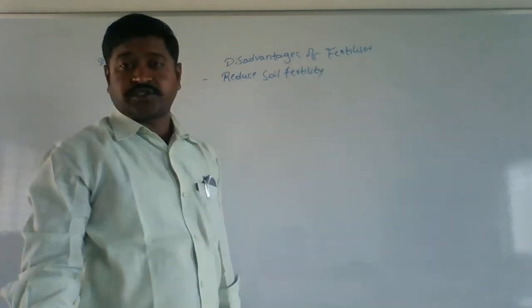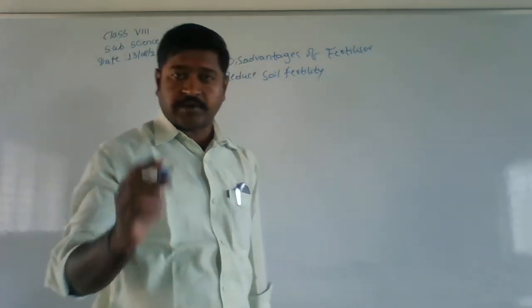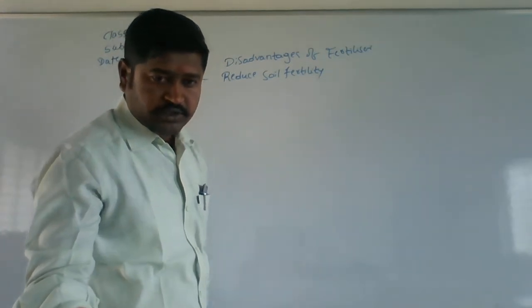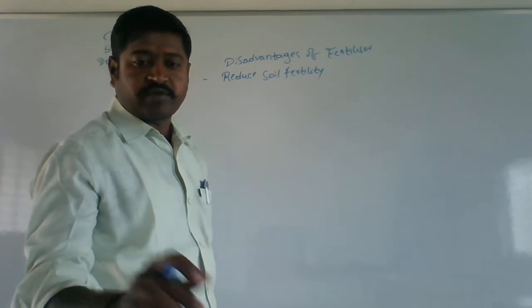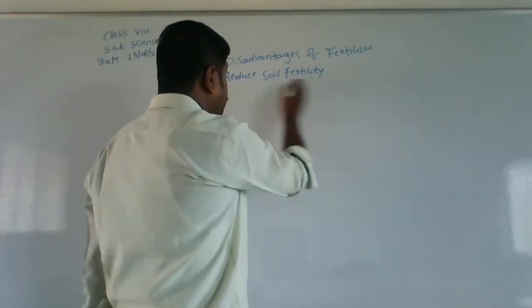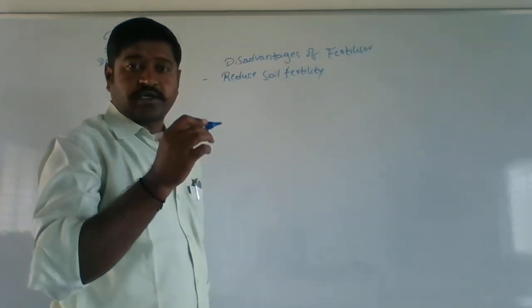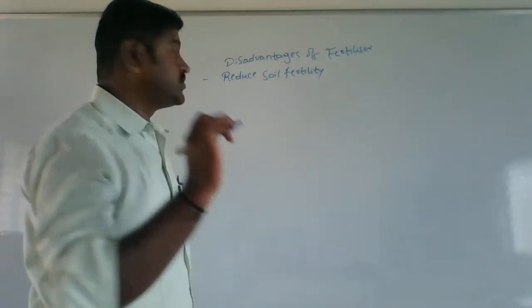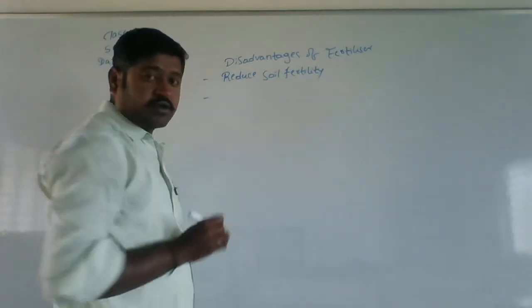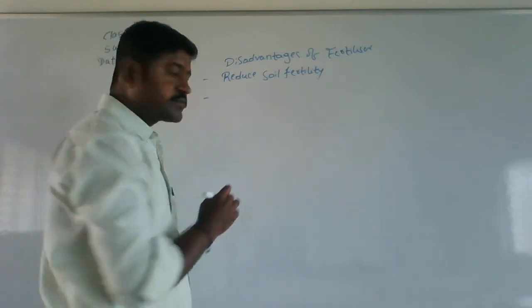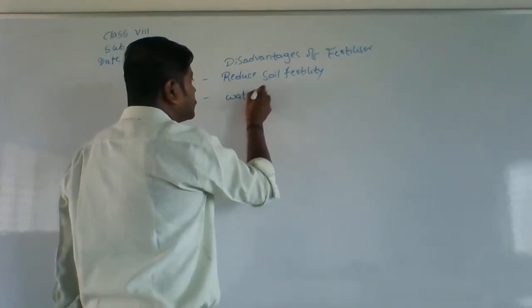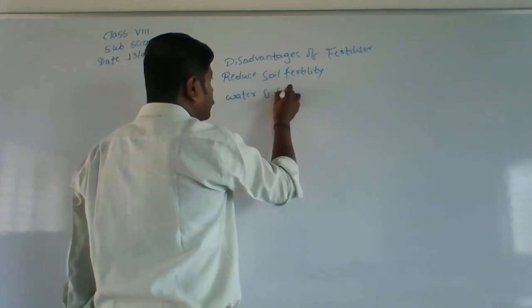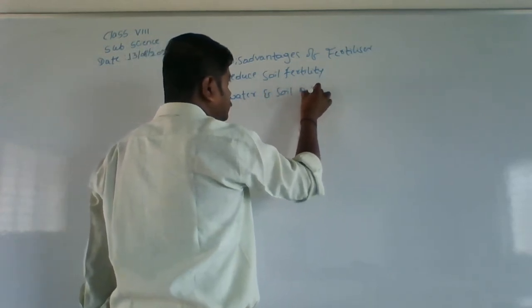What this fertilizer is doing, if it is used in excess amount, it is going to reduce soil fertility. And apart from that, if it is used regularly, the soil fertility is going to be reduced. Then what next? It is going to pollute water and soil pollution.